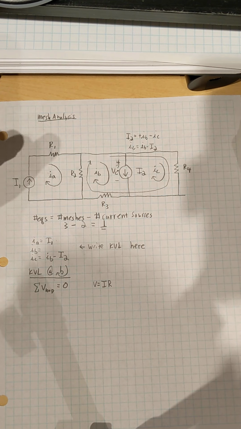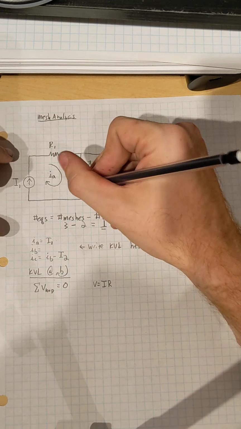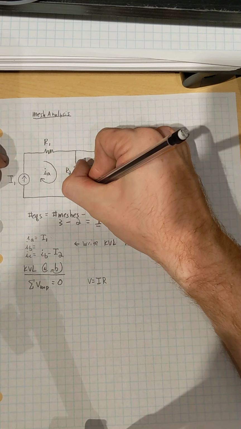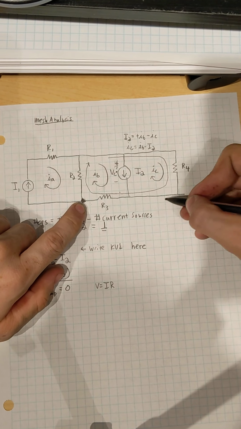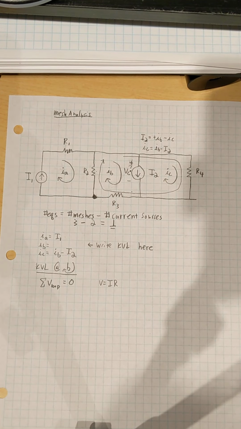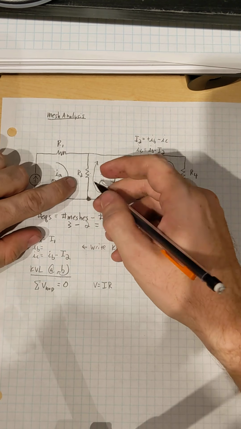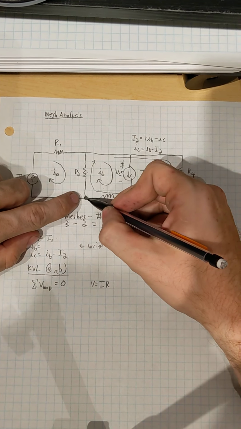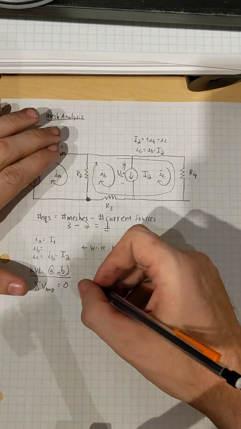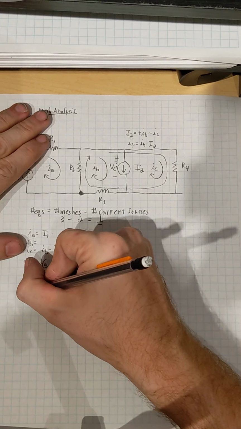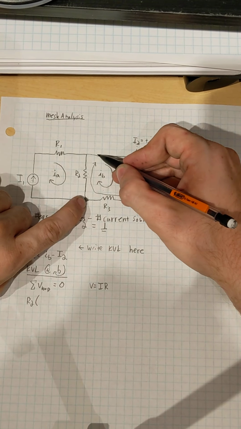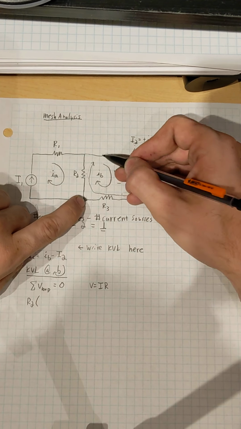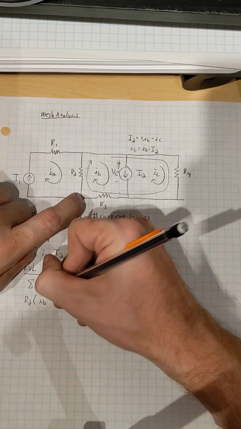So for this one, I'm going to put a dot where I'm going to start. So I'll start at this part, and I'll go around the square like that. So going from this node to this node, we've got R2, so I usually write it like this, R2 times the mesh currents of, since we're analyzing in this direction, IB is going in the direction we're analyzing, so a positive IB.